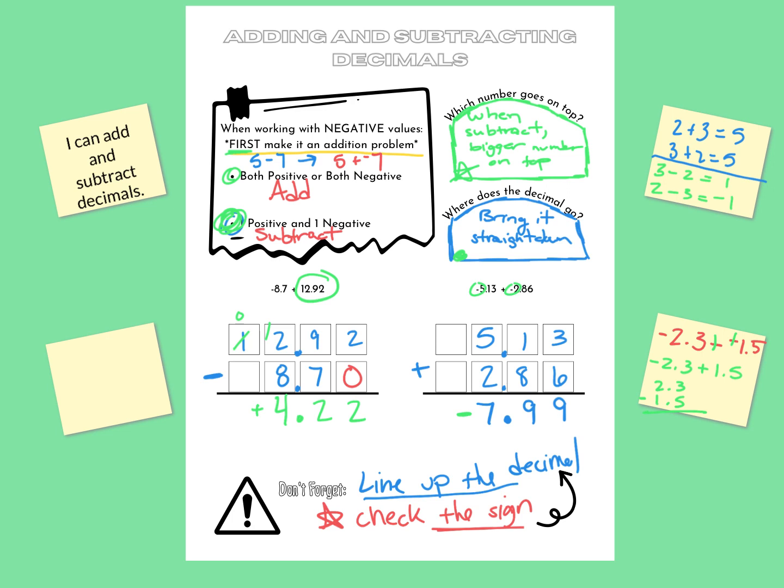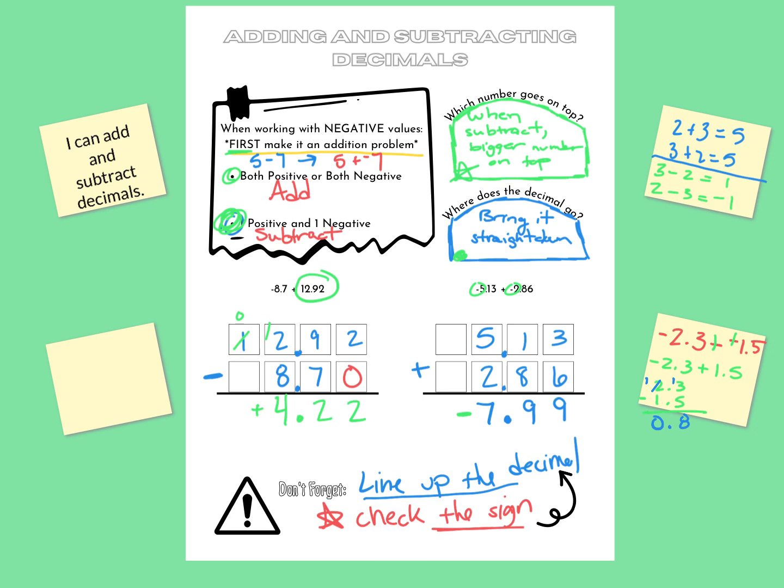I can't do 3 minus 5, so I borrow. The 2 becomes a 1. That makes that a 13. I can do 13 minus 5 is 8. Bring that decimal straight down. 1 minus 1 is 0. I don't have to put the 0. 0.8 and .8 are the same thing.